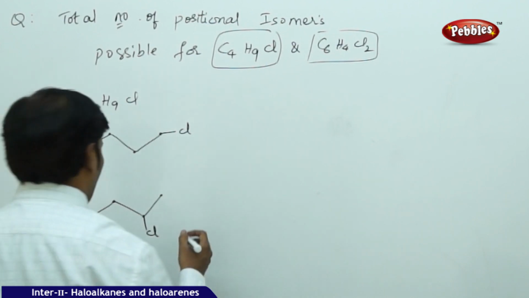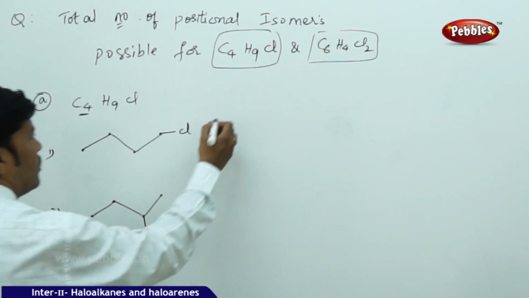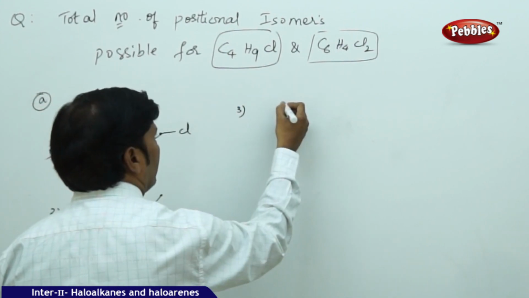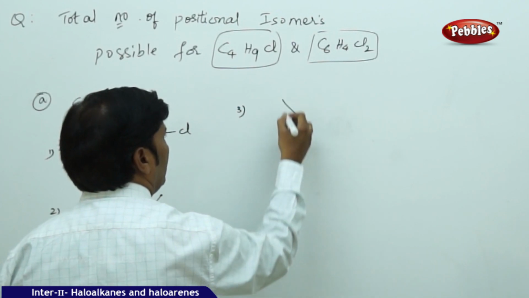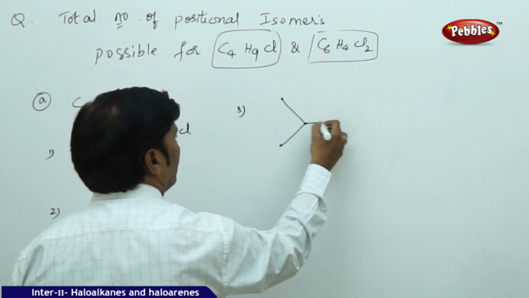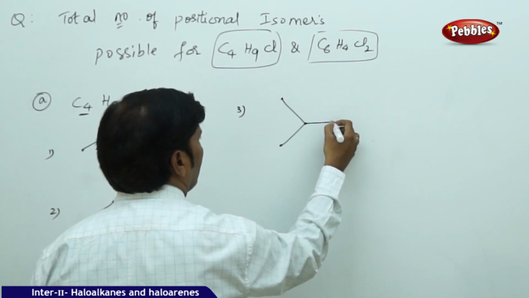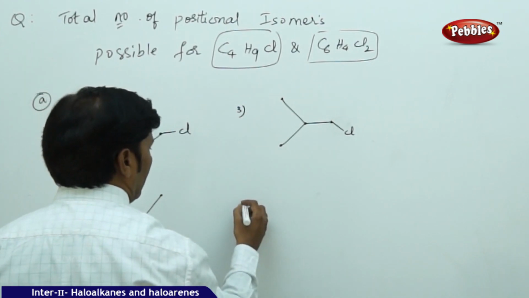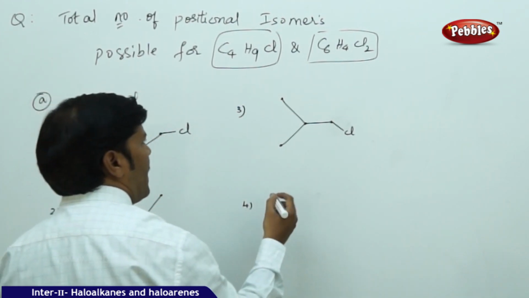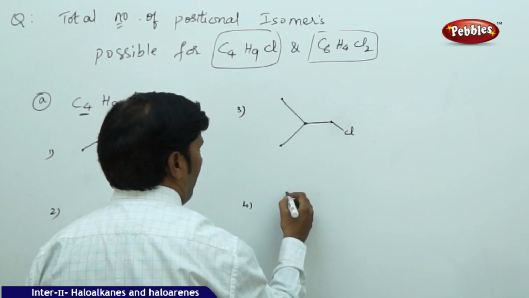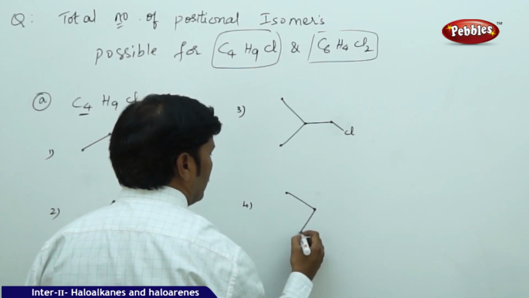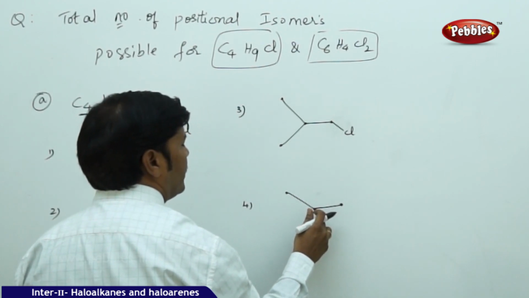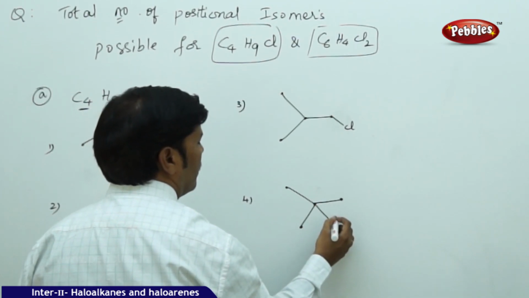This is the second case. If you go for the third, then I am going to create one branch like this: 1, 2, 3 and 4. So here I am attaching one chloro group here. This is 3, and another one is again 1, 2, 3 and 4, because there is one more replaceable hydrogen, so I am going to place one chloro group here.